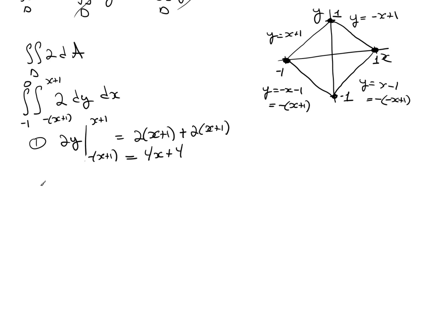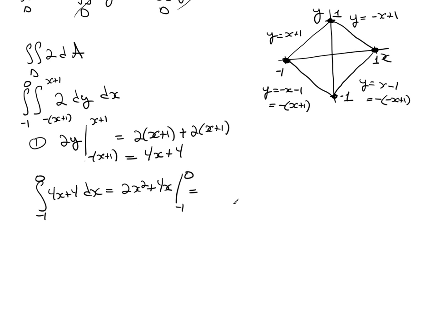So now I need to take a look at the integral from -1 to 0 of 4x plus 4 dx, which equals 2x squared plus 4x evaluated from -1 to 0.